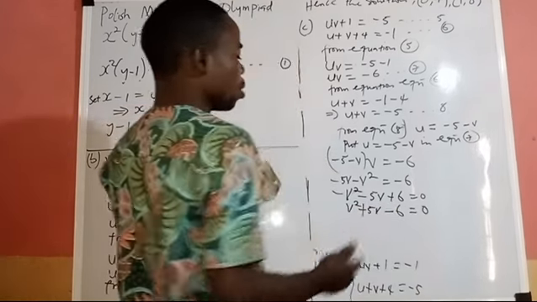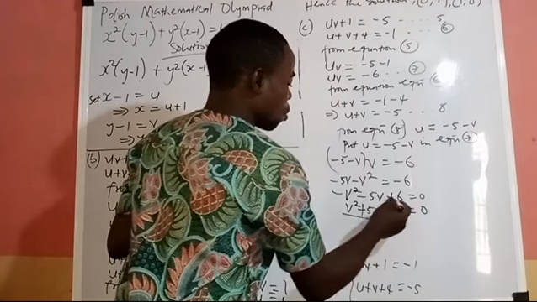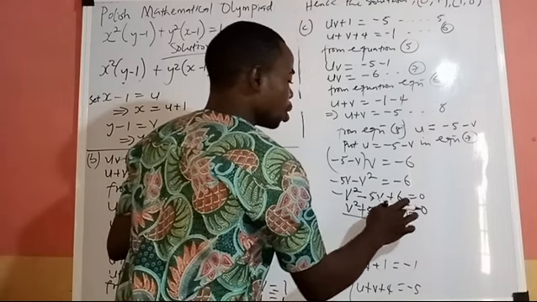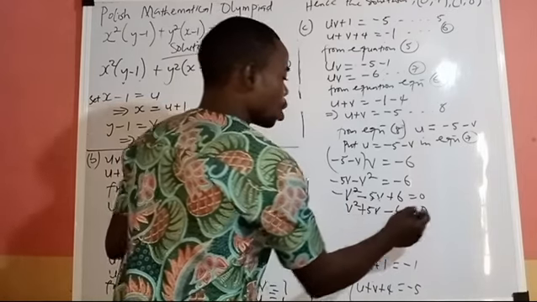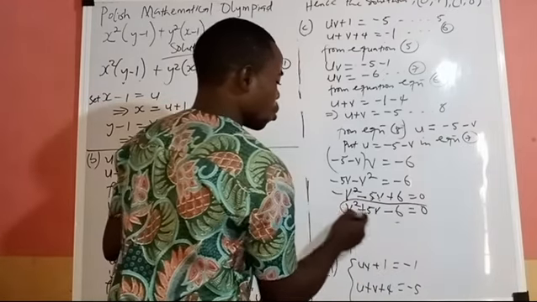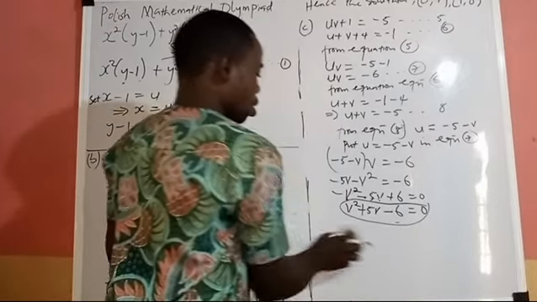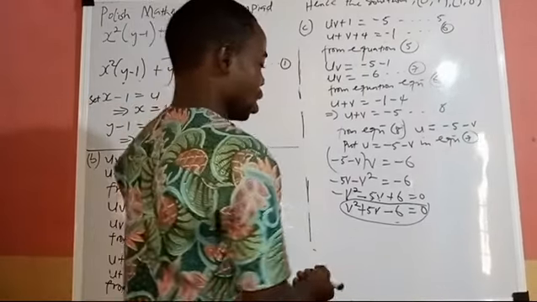So this is a quadratic equation which we can solve using any of the methods of solving a quadratic equation. We can just factorize right there.